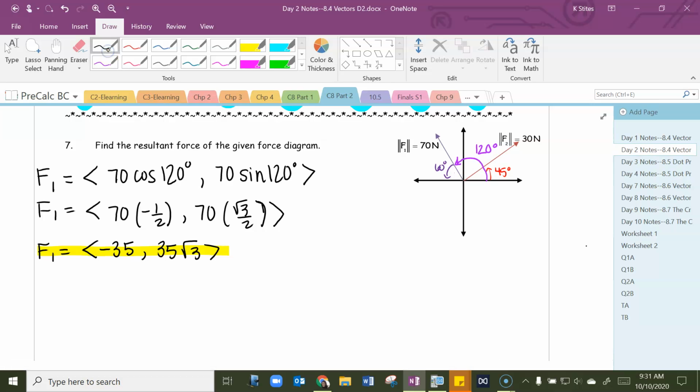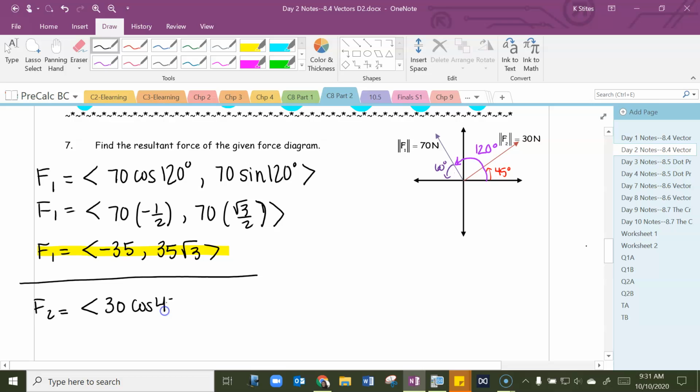Now I'm going to go ahead and do force 2. Okay, so force 2 is in quadrant 1, so I don't have to worry about converting my angle at all. It's just 45 degrees. So again, this is magnitude cosine theta and magnitude sine theta.